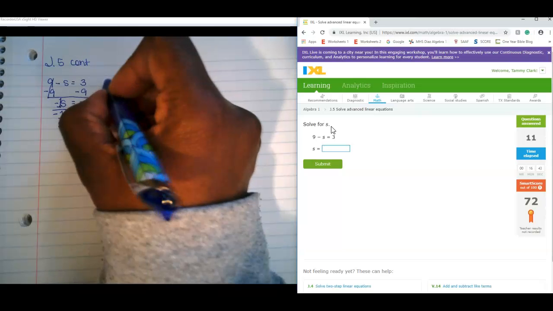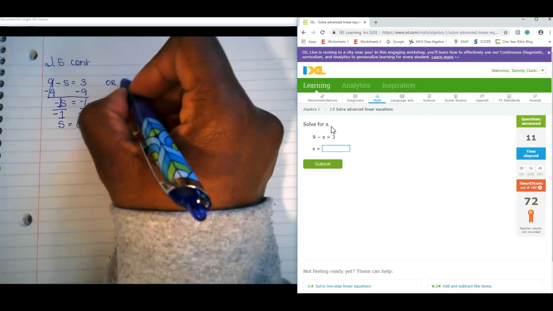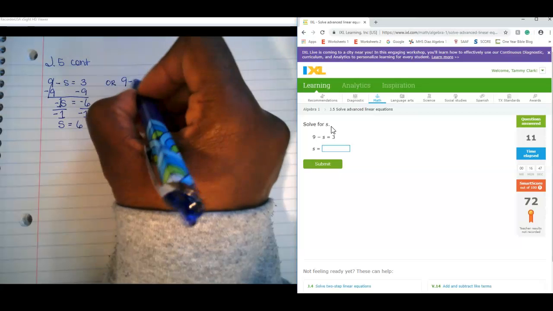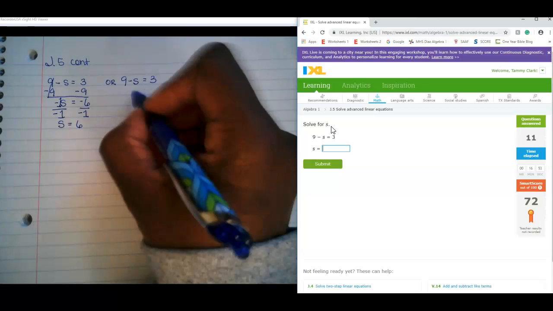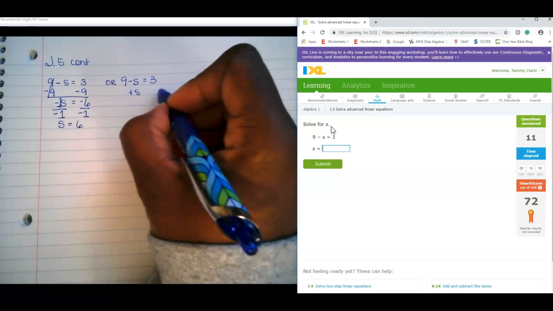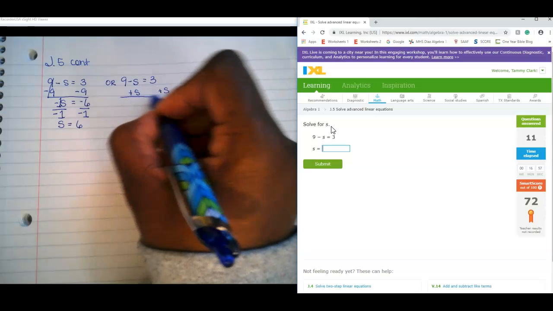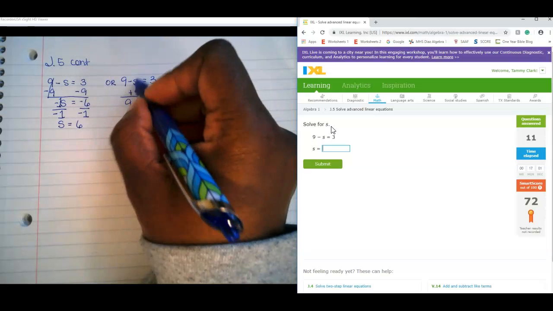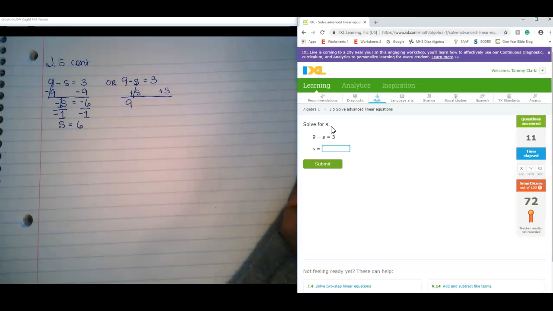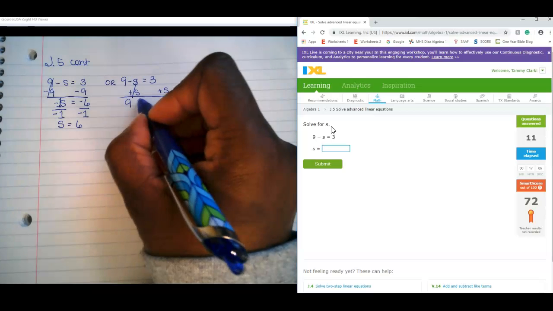The other way that you could complete this would be to move the s instead. So to make the s positive, I could add s to both sides of the equation. So that would leave me with 9. I eliminated the s by applying opposite operations or inverse operations.